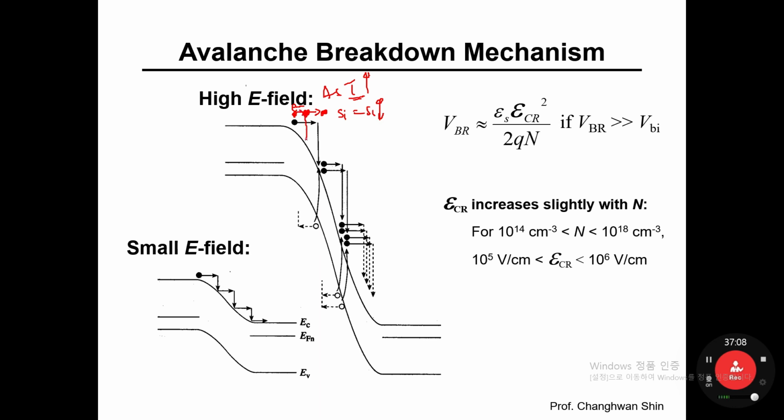Then the kinetic energy that this electron has lost is much smaller than the kinetic energy that this electron has lost. I mean, the scattering event would happen more frequently at high temperature.